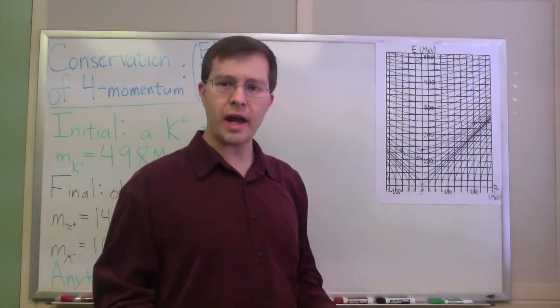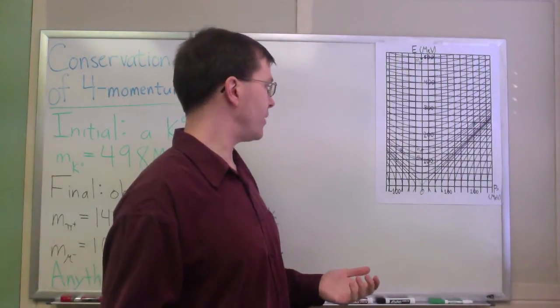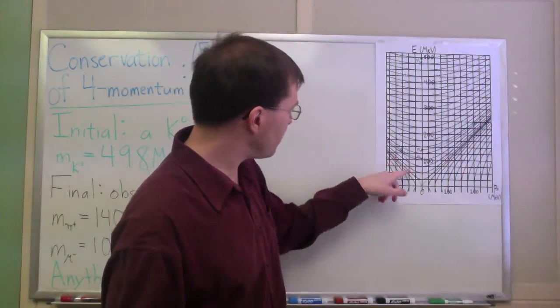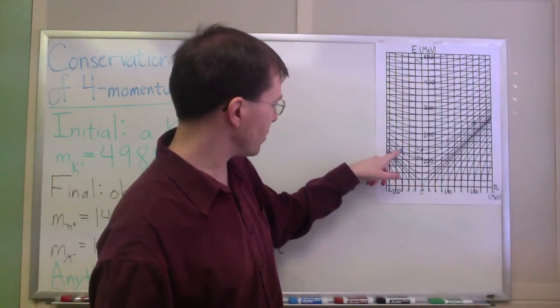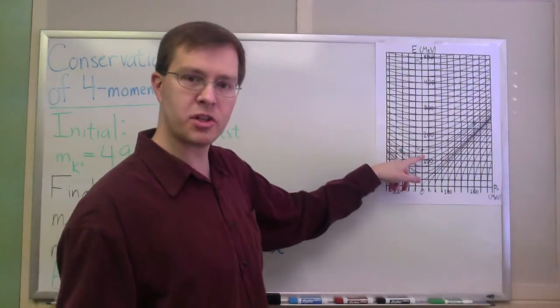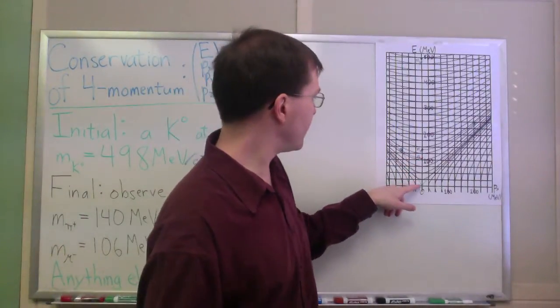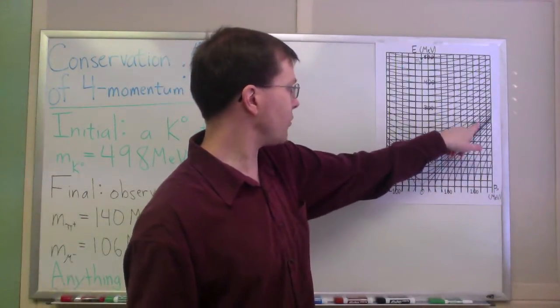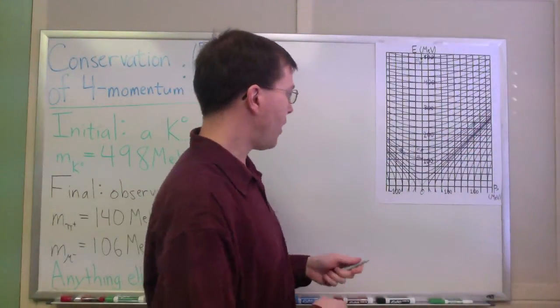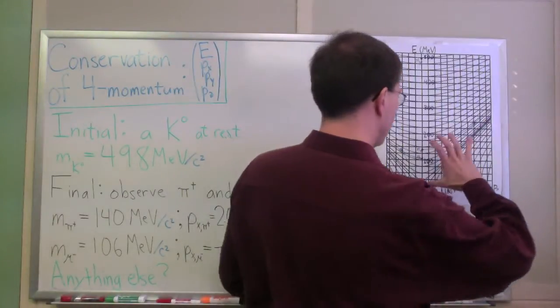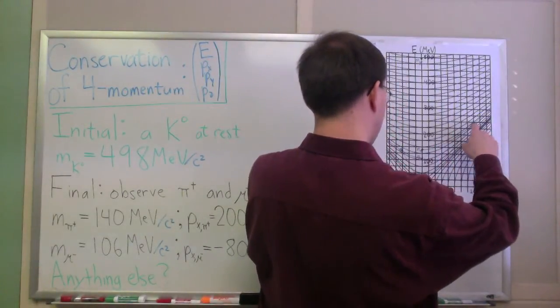And what I need to do now is add them together. You can see that the energy of each one is above its mass value. The muon's energy is a little ways above its pure rest mass energy, and the pion is quite a ways over here. It's quite up high. So let me add these together. All I have to do is basically move this line on top of this.